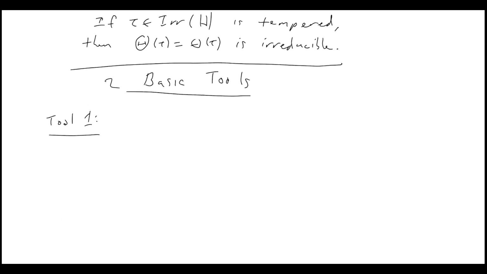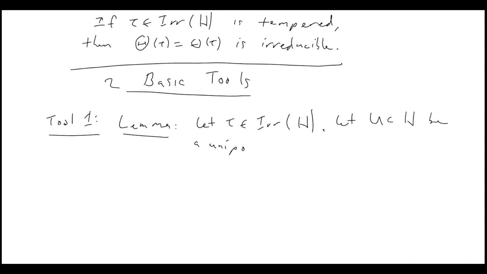Let me just think for a moment. Yeah, okay, I should write this down a little bit carefully. So let's take tau, an irreducible representation of H. And let U contained in H be a unipotent subgroup. Could be trivial.